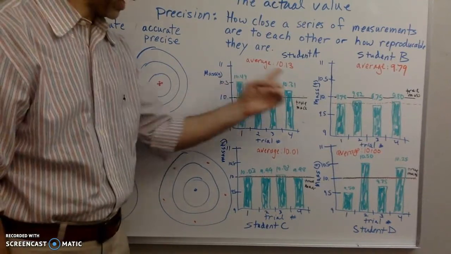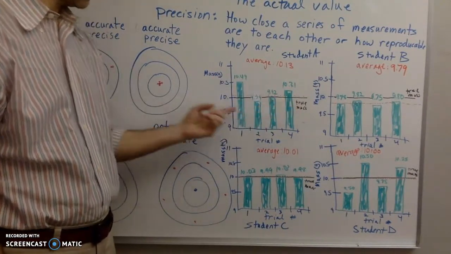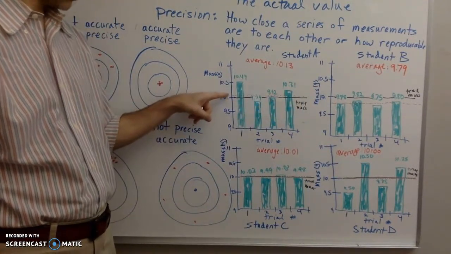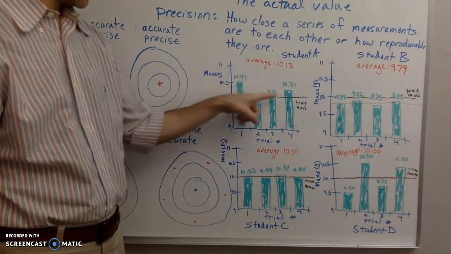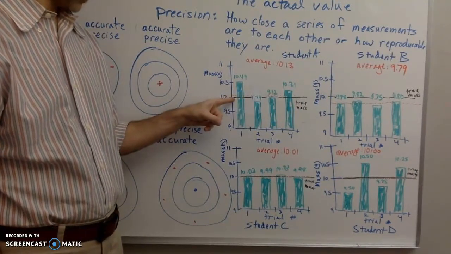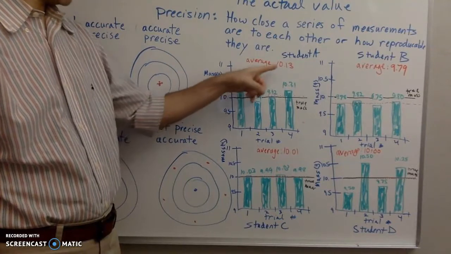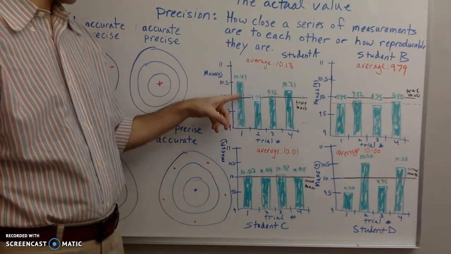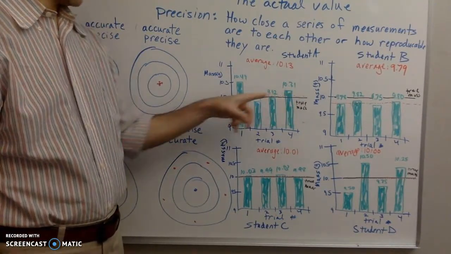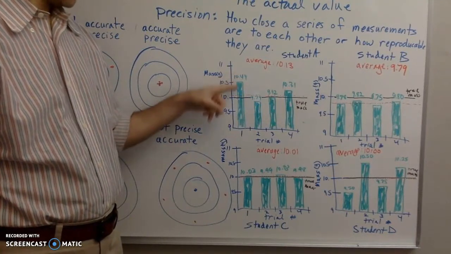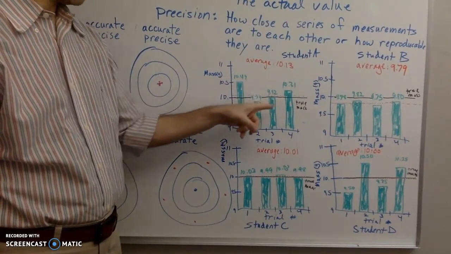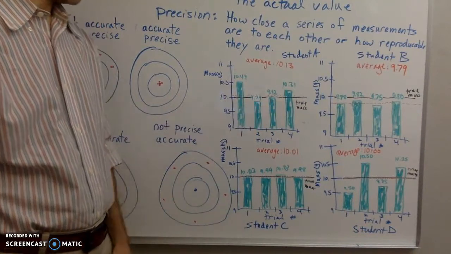But if you take the average of the data, you'll see that the average is fairly close, not on the line, but it's fairly close. The average here is 10.13, so it's a little inaccurate, but not as inaccurate as the individual points, except for maybe that one. That one's closer.